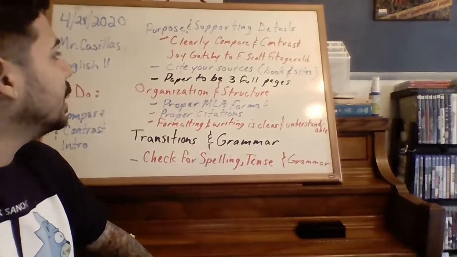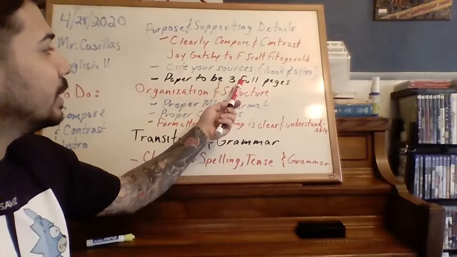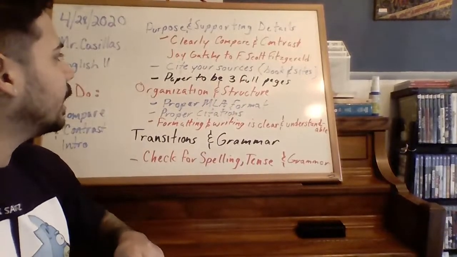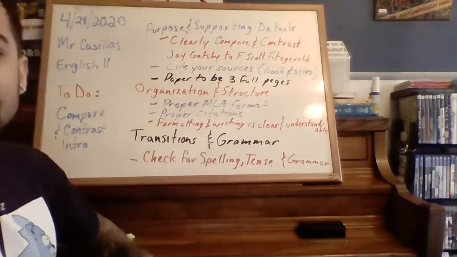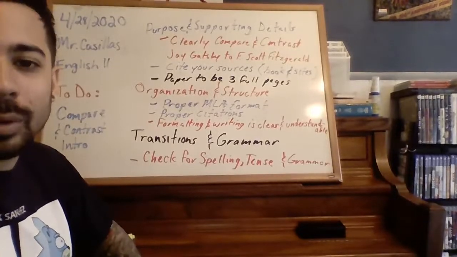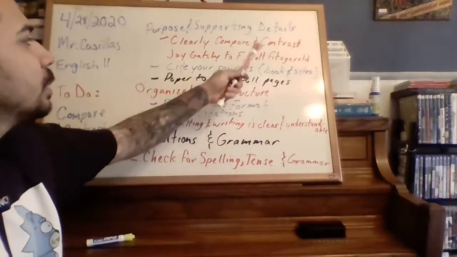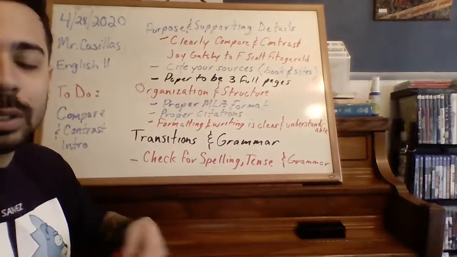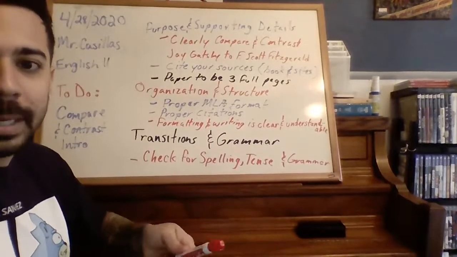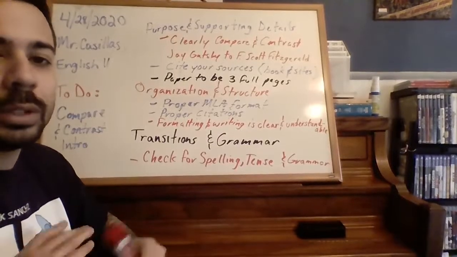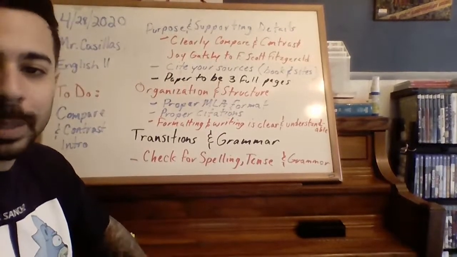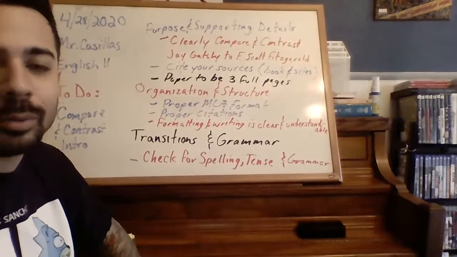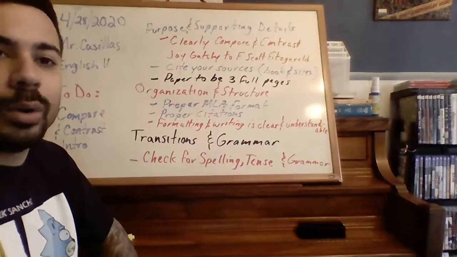So maybe you gave me only 2 pages, right? Maybe you tried to cite, but you just didn't do it well. Or maybe you did the full 3 pages, but you did no citations. These are things that are going to affect your grade. To get a 1, you literally would have to give me the worst paper ever. I don't think any of you will receive a 1.